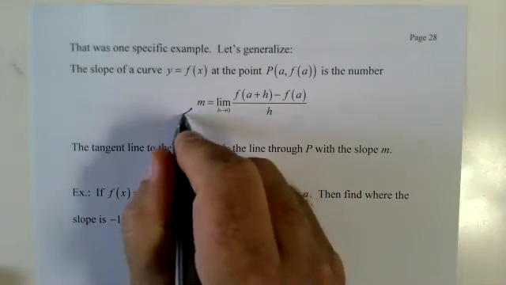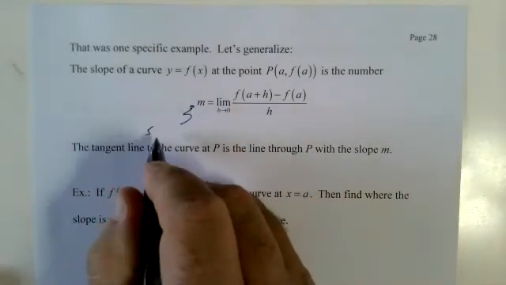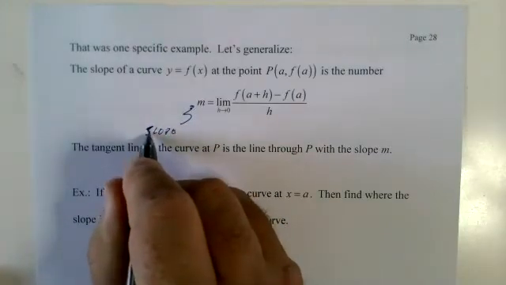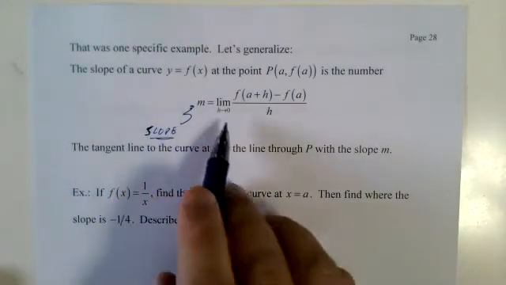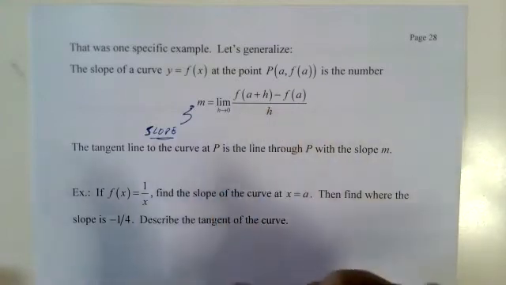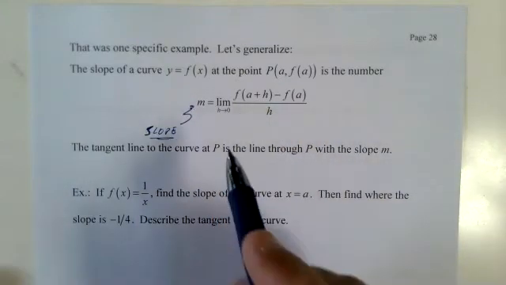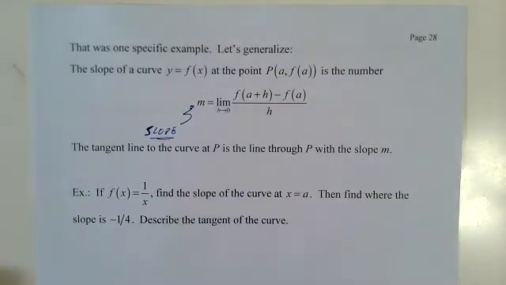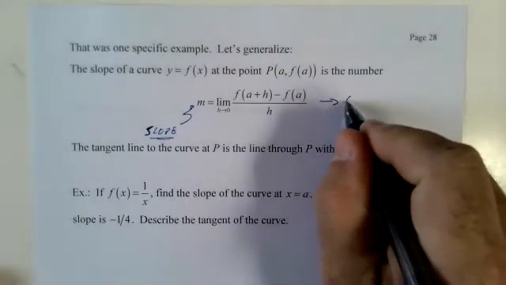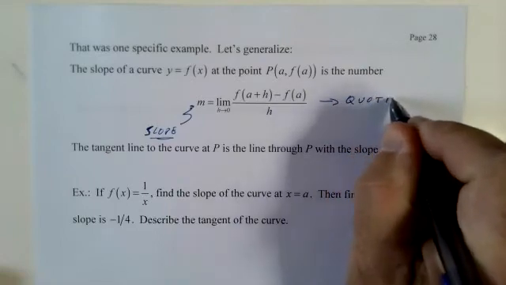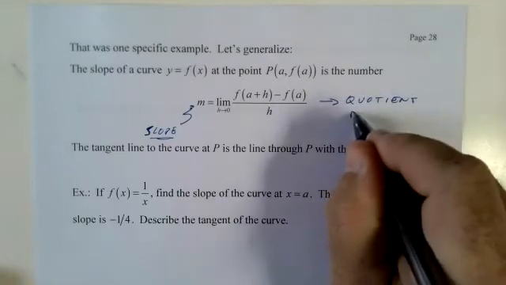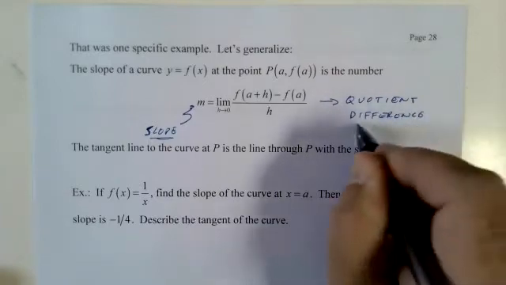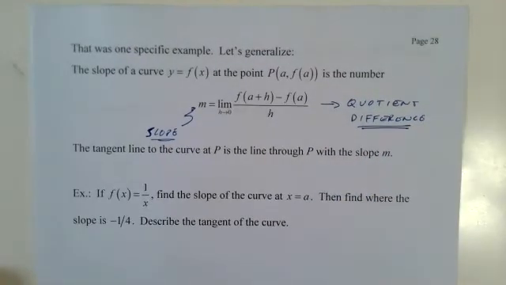Slope is a limit as we drop that x gap to 0, and we keep the top there. This is the difference quotient, something like that. It's the definition of the derivative.